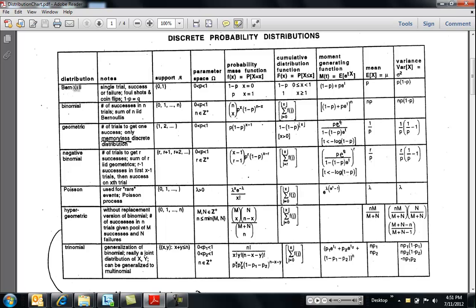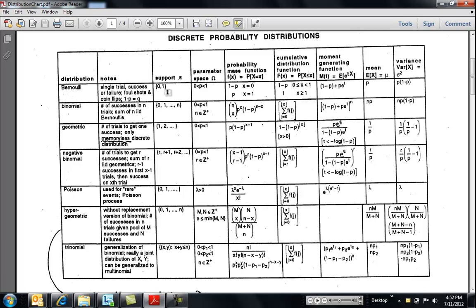The first random variable we talked about, the Bernoulli random variable, was the first one I introduced. You do something once and either it's a success or failure.